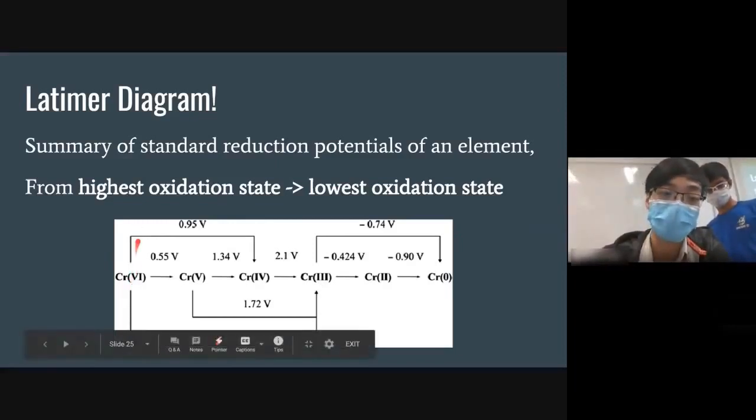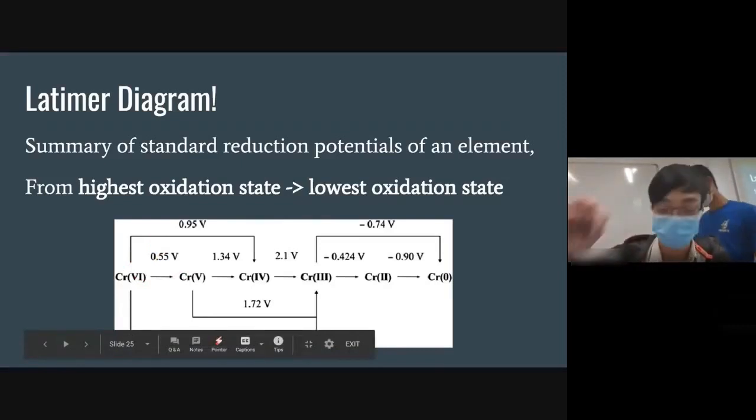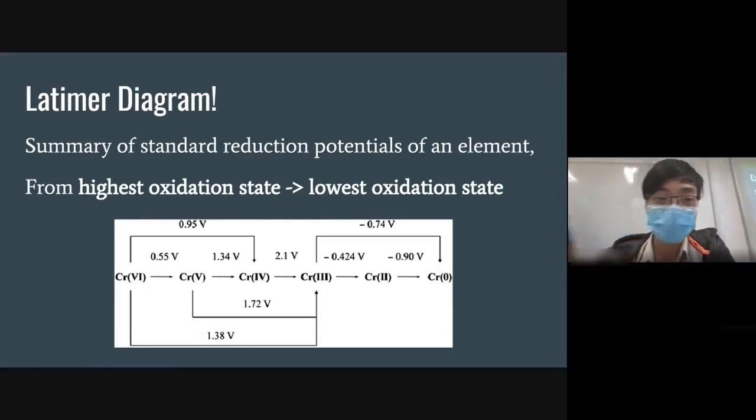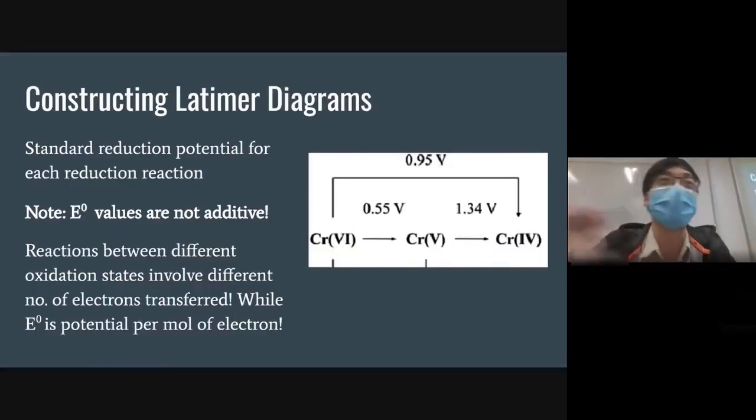All these arrows are simply the standard reduction potential for that reaction. For example, chromium 6 to chromium 5 is just a standard reduction potential. So this is literally a summary of all the transitions. It's very simple. To construct it, you take out your data booklet, take the values, put them in, and you can draw the diagram.